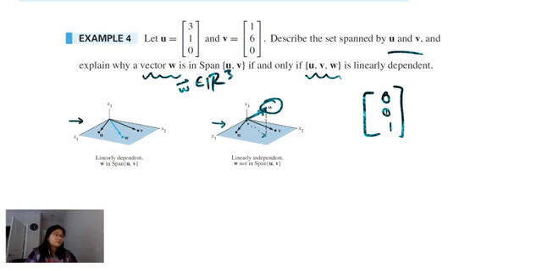So vector w is only in span of u, v if u, v, and w are linearly dependent.